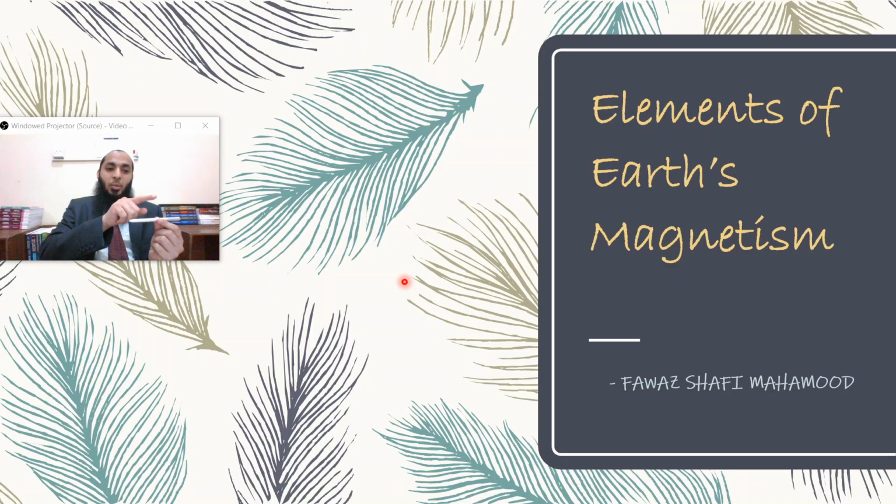But if I place it somewhere over here, there will be a neutral point. At the neutral point, if I keep a compass, it won't deflect in any specific direction. You rotate the needle and keep it in some direction, it will stay there. If you rotate and keep it in another direction, it will stay there. It won't orient in a specific direction.